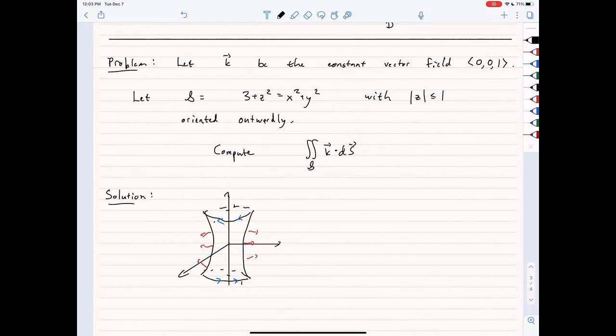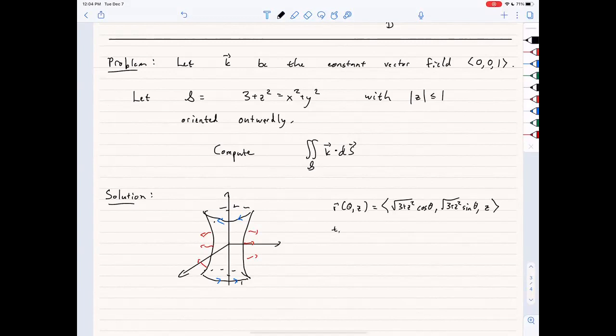You probably want to parametrize it using cylindrical coordinates. Something like square root of 3 plus z squared times cosine theta, square root of 3 plus z squared times sine theta. There's a parametrization of the surface if you want.